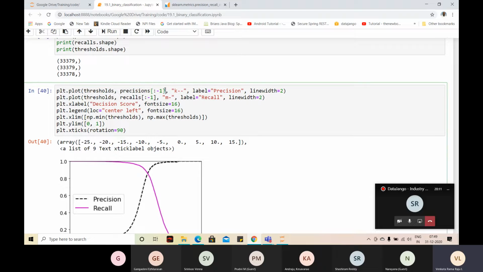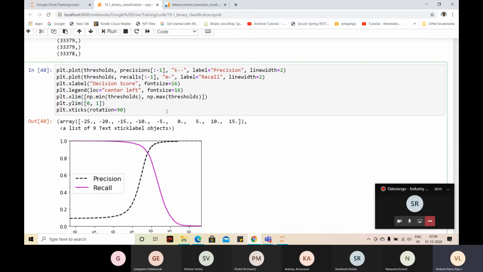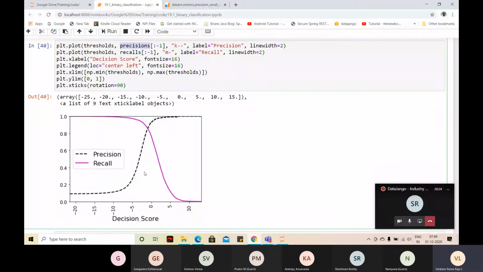I have taken this black dotted line for precision against threshold. Decision scores, that is thresholds, are on the x-axis and precision on the y-axis. As the decision score increases, precision increases. As the decision score increases, recall decreases.